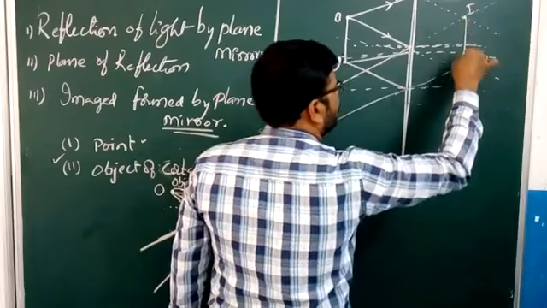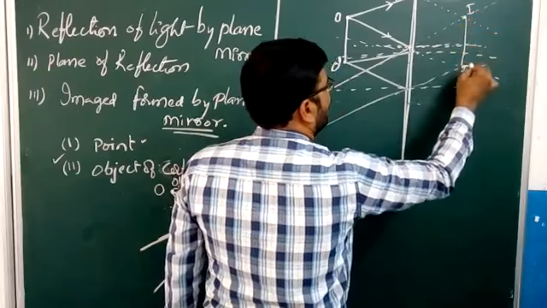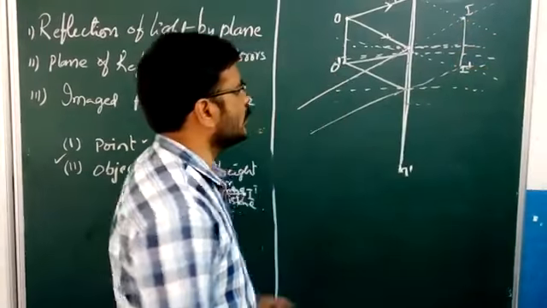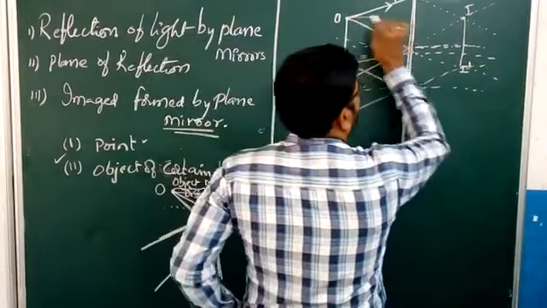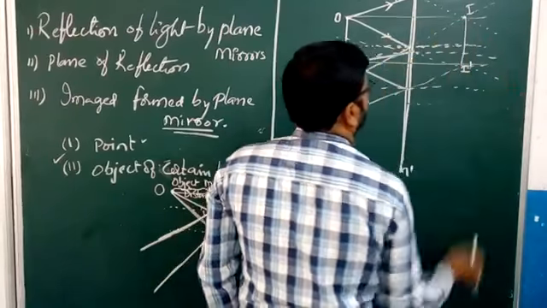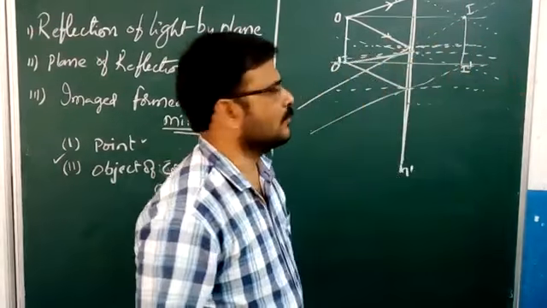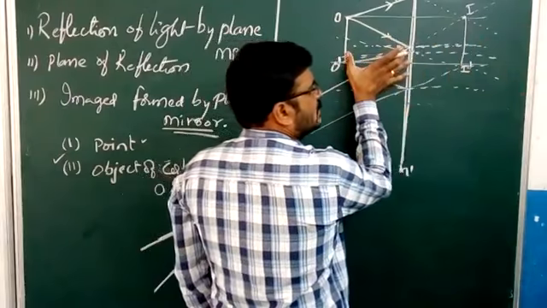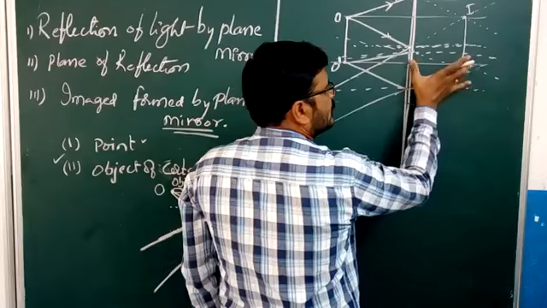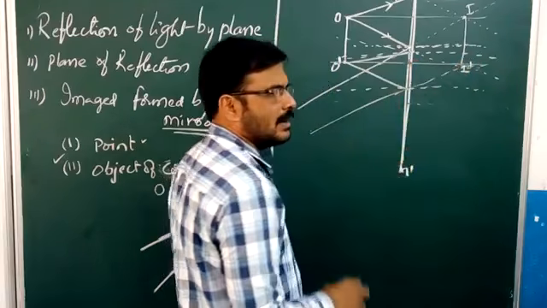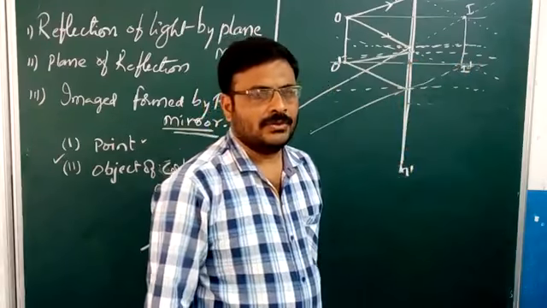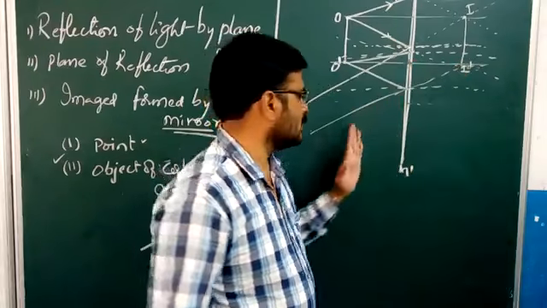So you can see the I dash. Now if you observe this, the size of the image is equal to the size of the object. The object distance is equal to the image distance, and you will observe those characteristics.